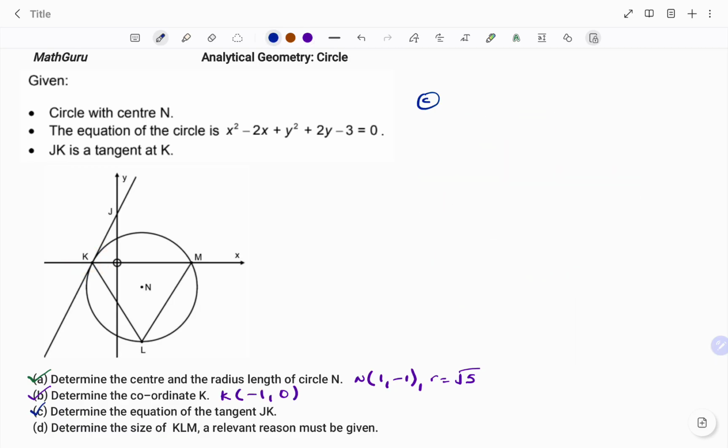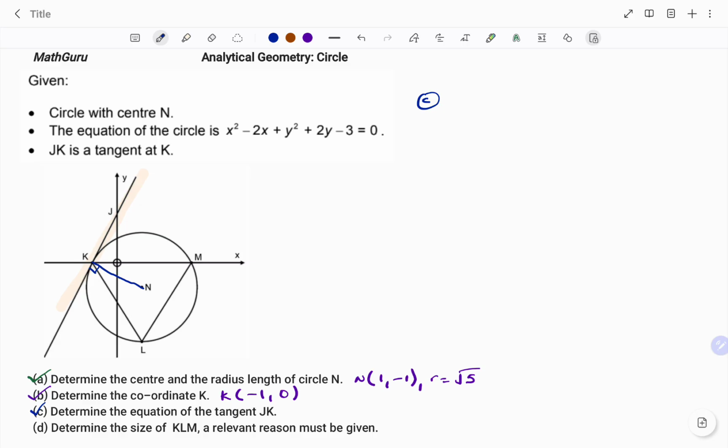The next question says, determine the equation of the tangent JK. Note that JK is a tangent, and what that means is if I draw a line from the center of the circle, that's N, to K, then I'm going to form a right angle there. So the line NK is perpendicular to the line JK.